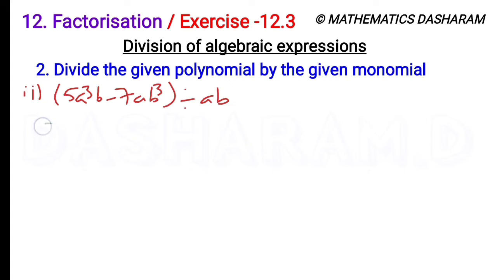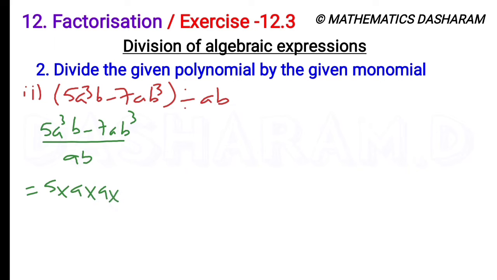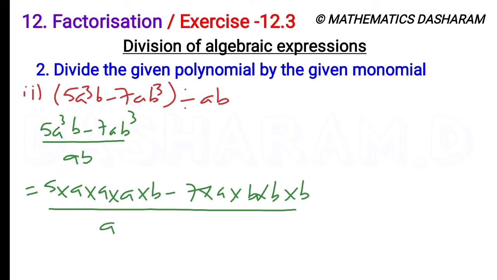Second question, 5a cube b minus 7ab cube divided by a into b. So it is 5 into a into b minus 7 into a into b cube, b into b, divided by a into b. From the numerator, let's take one a common and one b common.